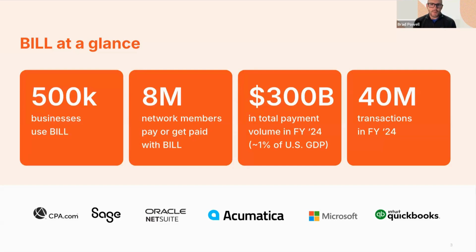From a scale standpoint, since we've built this very large network of subscribers and payers and receivers over 20 years, we've become a very large money mover, close to $300 billion in total payment volume running through our payment network in the 2024 calendar year. And that was across about 40 million transactions.